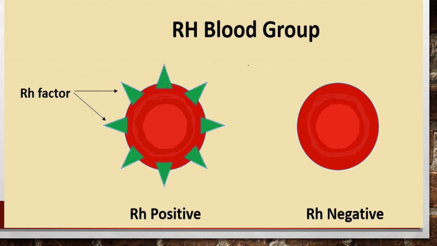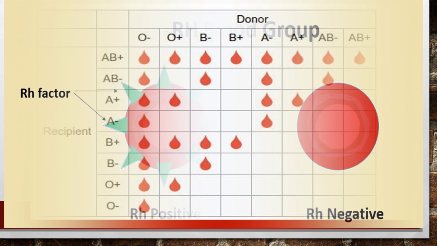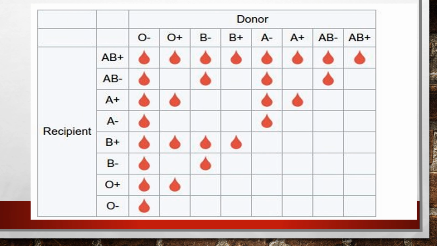Thus, before blood transfusion, the blood group of donor and recipient as well as the RH factors have to be matched to prevent clumping of RBC. An RH negative person can donate blood to an RH positive person for a compatible blood group, but cannot receive blood from an RH positive person. Okay, understood?